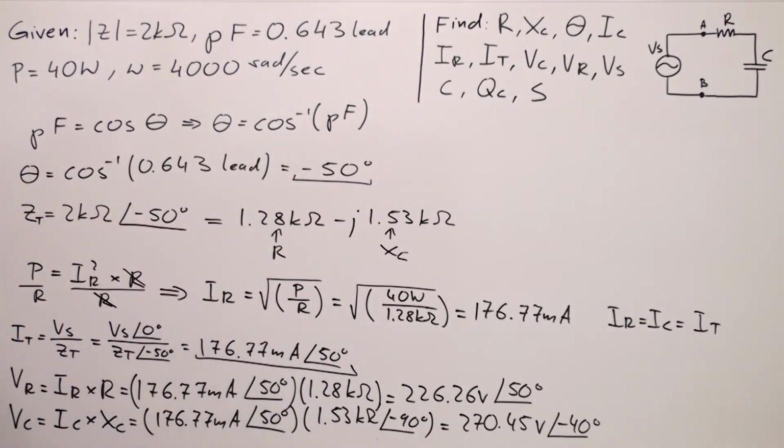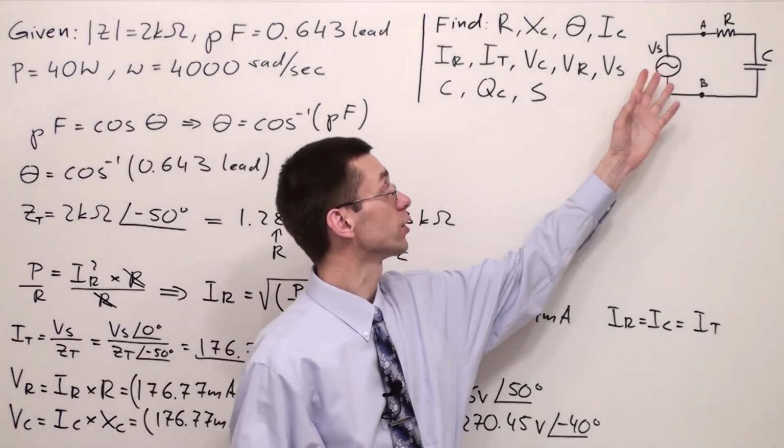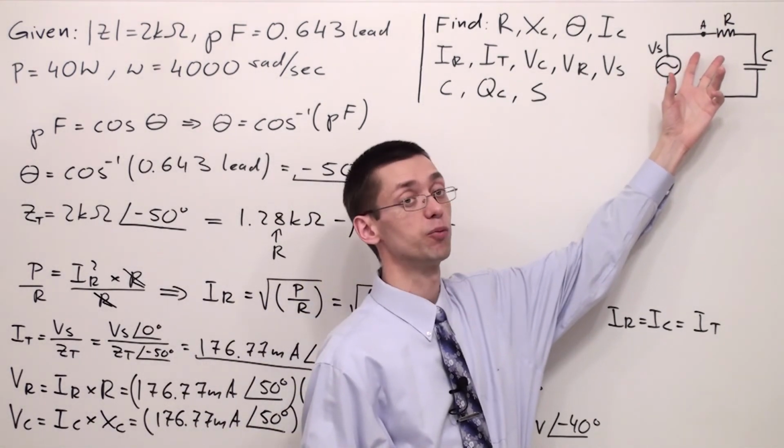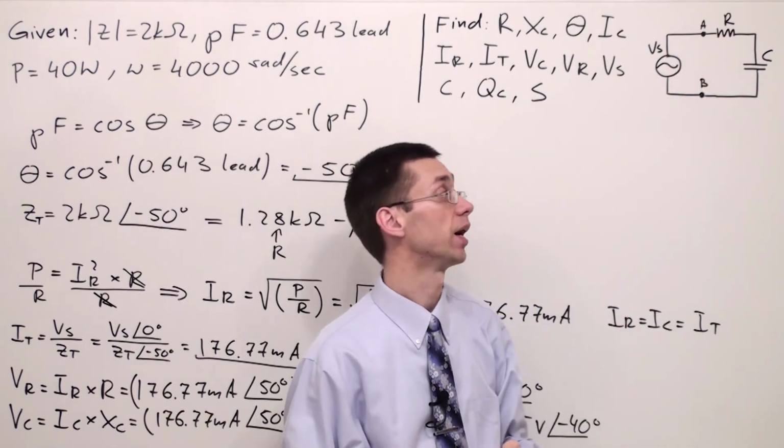Next, we can find the voltage source. Please notice that in order to find the voltage source, I'm supposed to add the voltage drop across the resistor and the voltage drop across the capacitor.